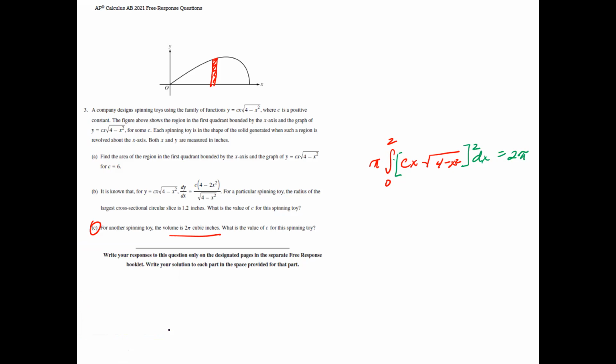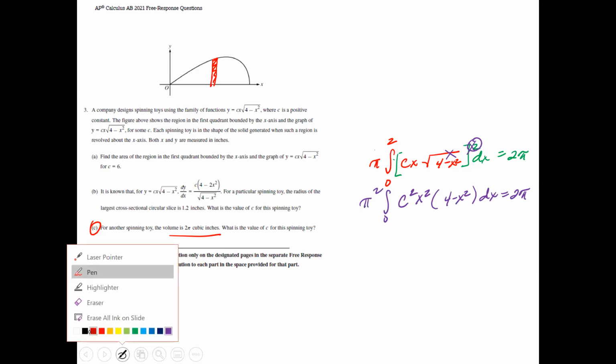Okay, so then looking at this here, I am going to distribute the square because I don't like the fact that it's there. So I'm going to have c squared x squared, and the square and that square root cancel. So you have 4 minus x squared dx equals 2 pi.